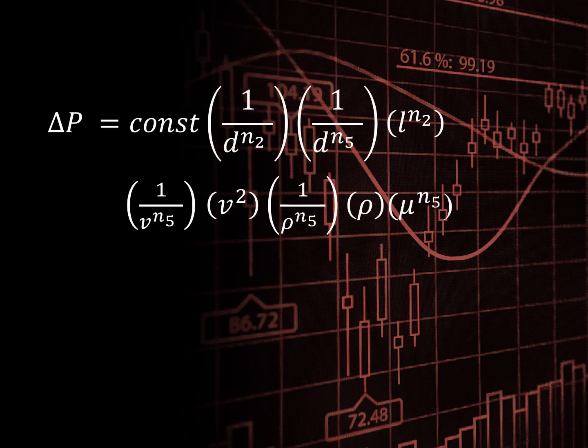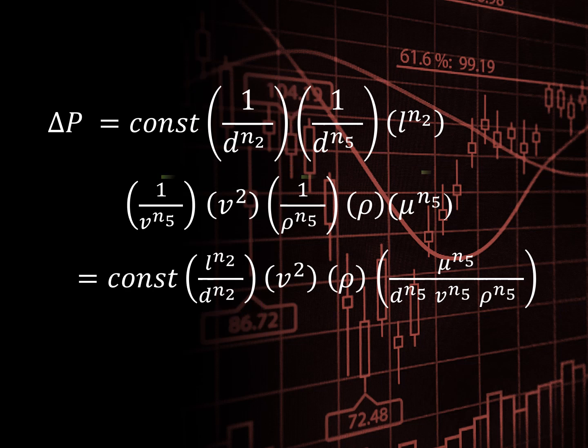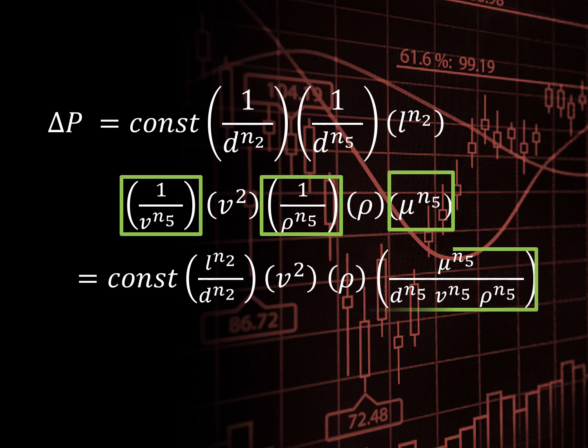And we group together the terms with similar exponents with the end goal of making the groups dimensionless. So for those with N2, you will have that in one term. For those that have N5, you also have that in one term.